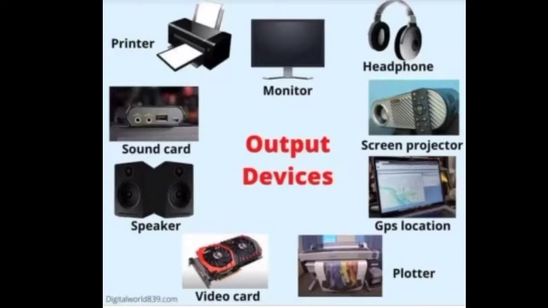So these are all some kind of input devices. The devices which give some data or instructions to the computer, that kind of devices are called input devices. Okay, so the next one is output devices.